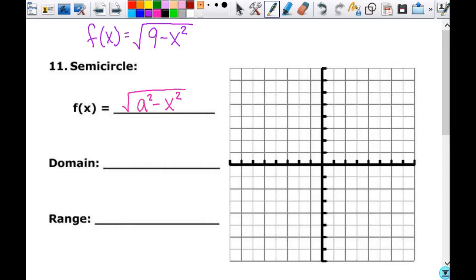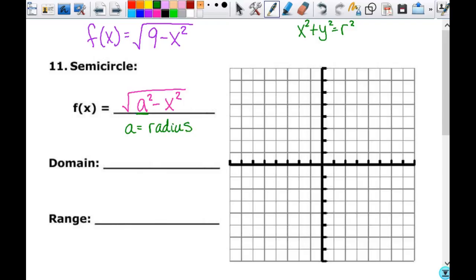Since this comes from the equation of a circle, x squared plus y squared equals r squared, that's where this is coming from, okay? That's not a function, that's why I want to get half of it. So when I solve for y, I subtract the x squared over, and then I take the square root. So a equals the radius.